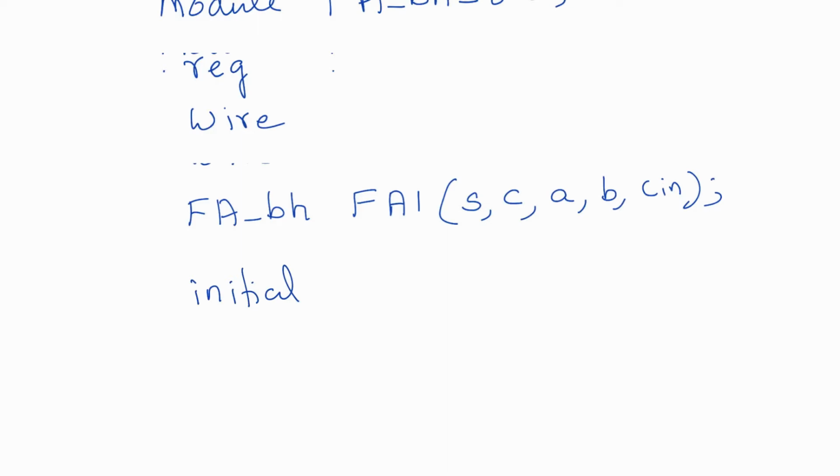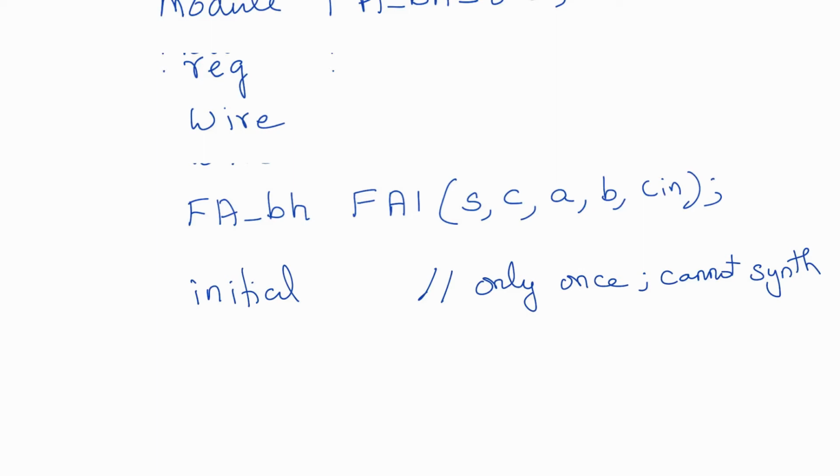So you can remember these two things: only once, and cannot synthesize. This is not for hardware design. This is only for test benches. For simulation we use the initial block.